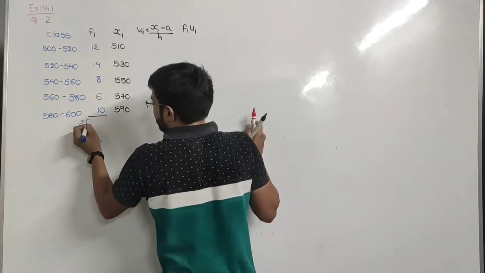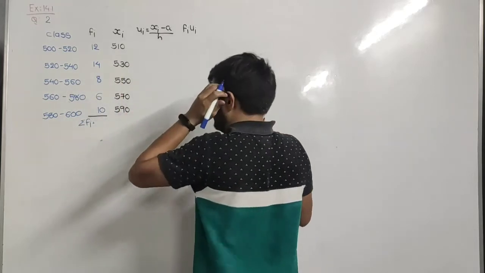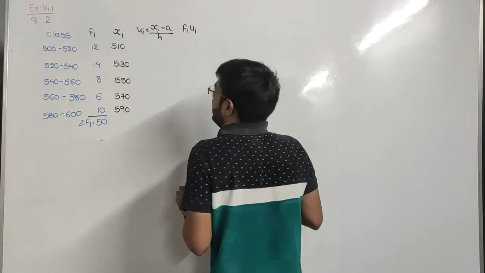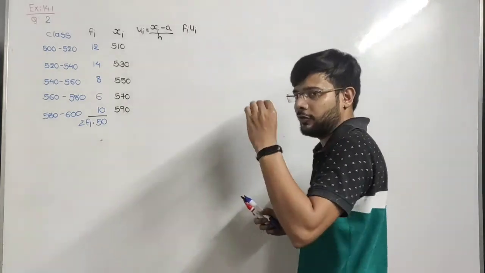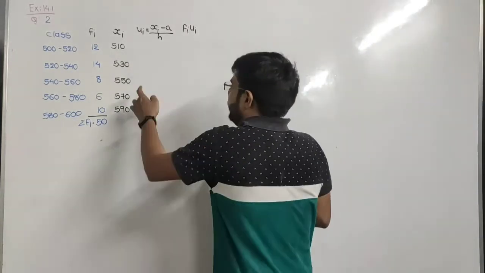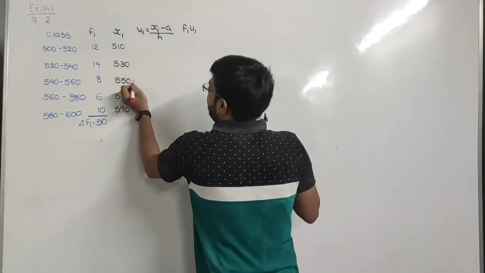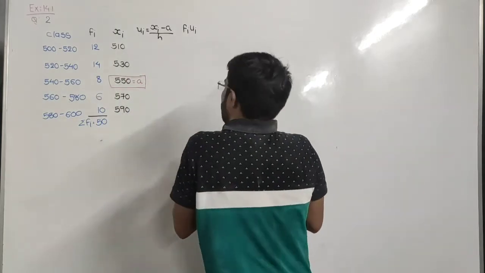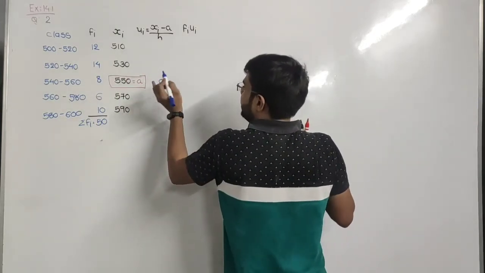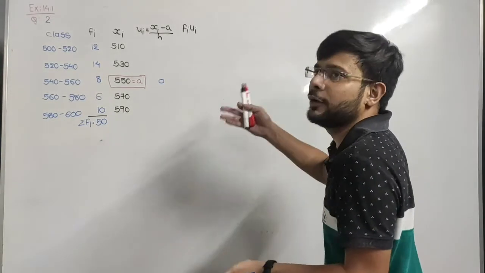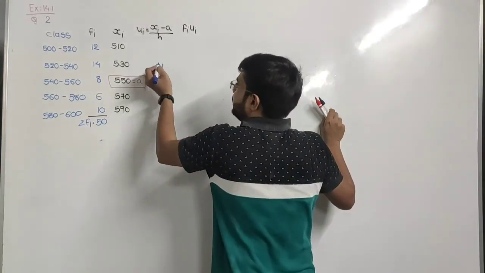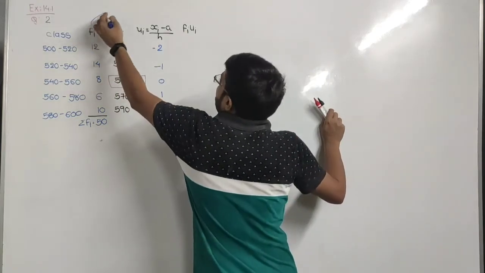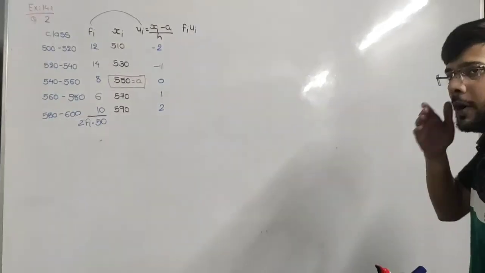Sigma Fi will be, if we add these, 50. Now for ui we have to assume a. We will take this 550 as a. That means opposite to this we write 0 in the ui column. Here it is minus 1 and minus 2, and 1 and 2. Now you have to take the multiplication of Fi and ui.